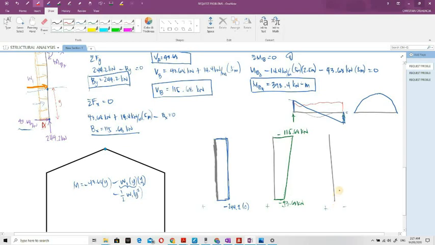Then from 0 unti-unti tayo tumataas, parabolic yung curve natin. Okay. So yung ating moment diagram, 0, then tayo doon sa taas. So meron tayong moment na 300, ano yung compute eh? 398.4.